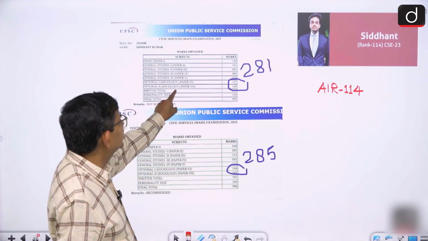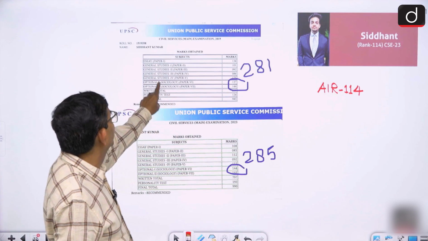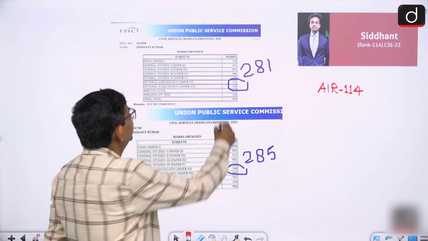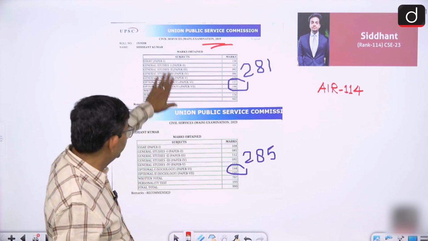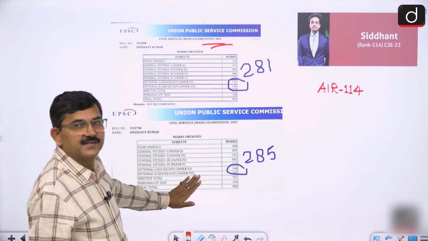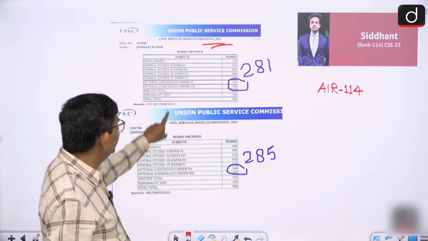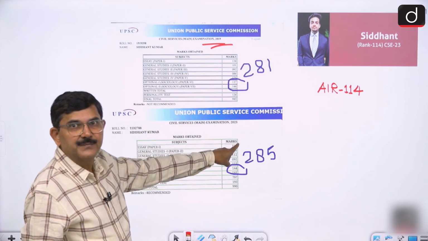The first mains he appeared in was in 2019. I have attached both the mark sheets, of 2019 and 2023.